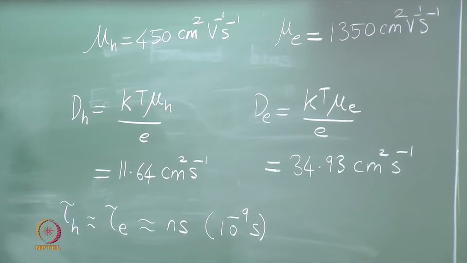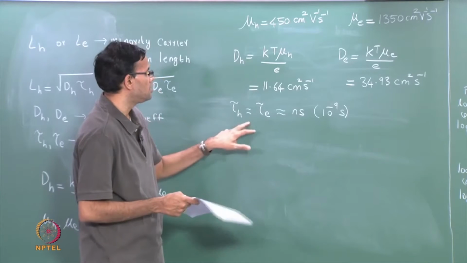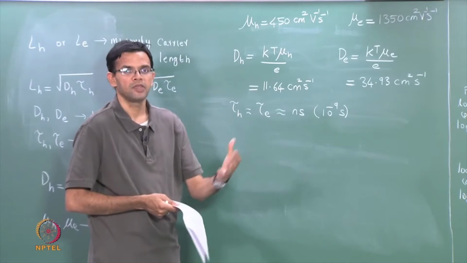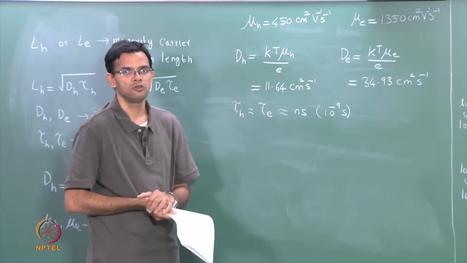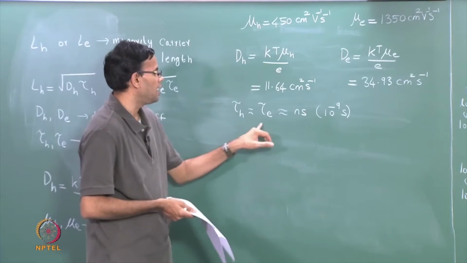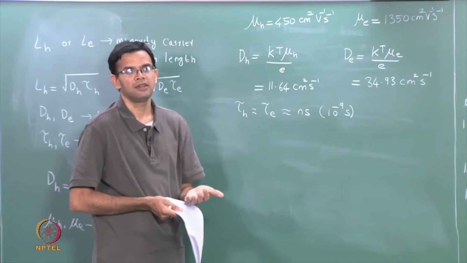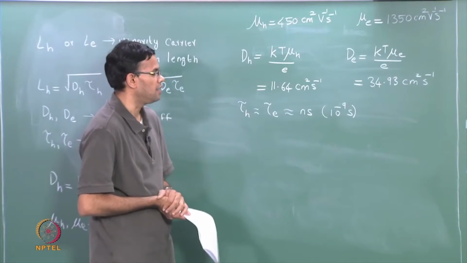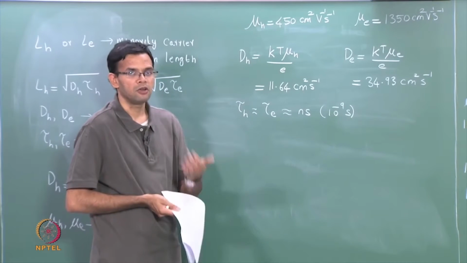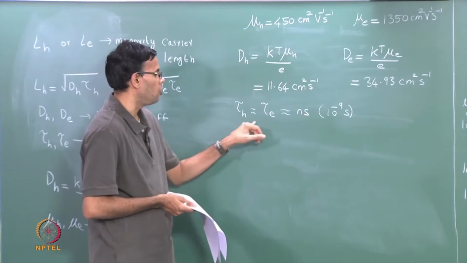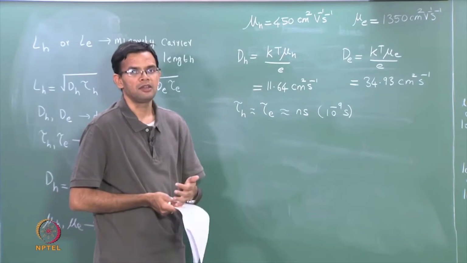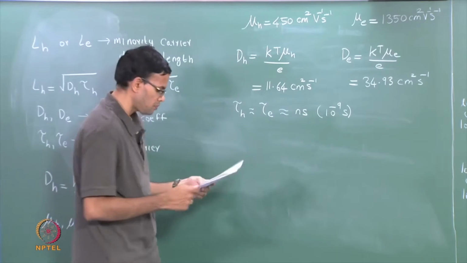So, scattering times refers to the time between two scattering events. These times refer to the time it takes for the electron and hole to recombine. So, these electrons can undergo multiple scatterings because we saw that a scattering time is around picoseconds. So, the electron and hole can undergo multiple scattering before they recombine.